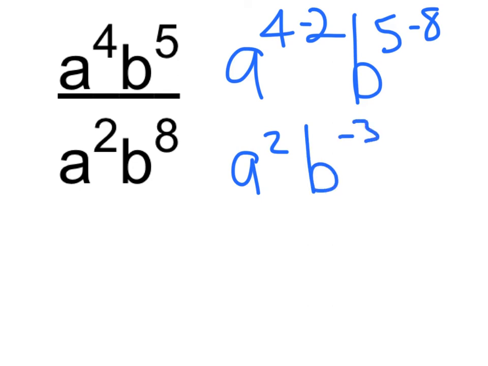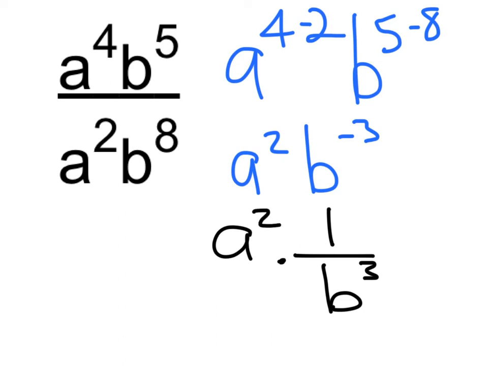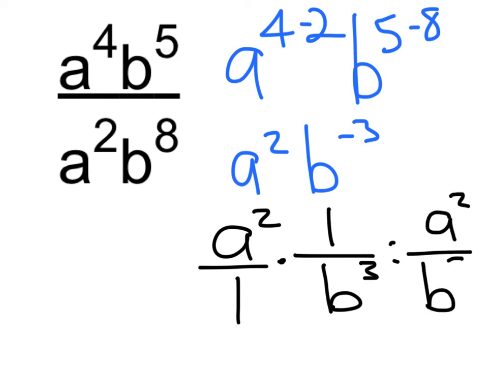So that's where we are right now. I know that we're going to rewrite this like, instead of b to the negative third, it's 1 over b, and change that negative 3 to positive 3. And we'll simply bring down a squared, and a squared is the same thing as a squared over 1. And when we multiply across, it's going to be a squared over b to the third.